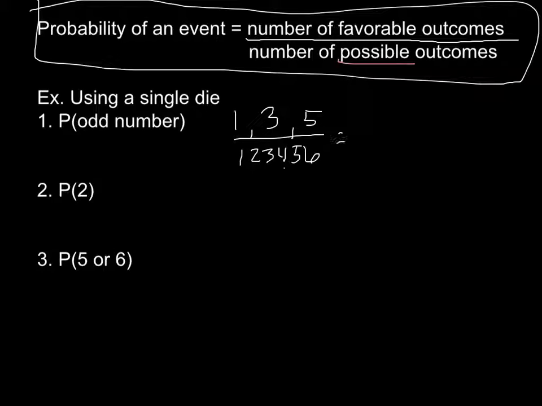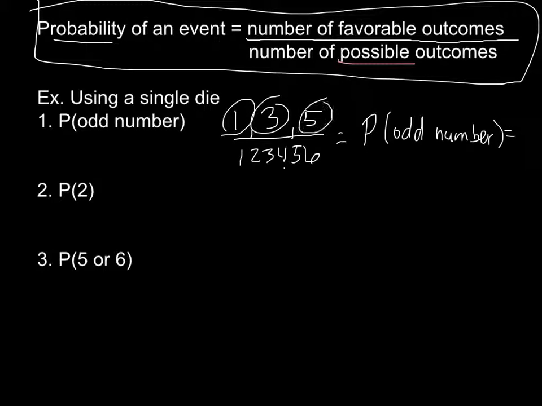So how I would write this, the probability, I would say P, odd number, equals, so I have a chance of getting 1, 2, 3 would go on my top, and 6 would go on my bottom. Now, I always need to make sure I'm writing my answer in simplest form.